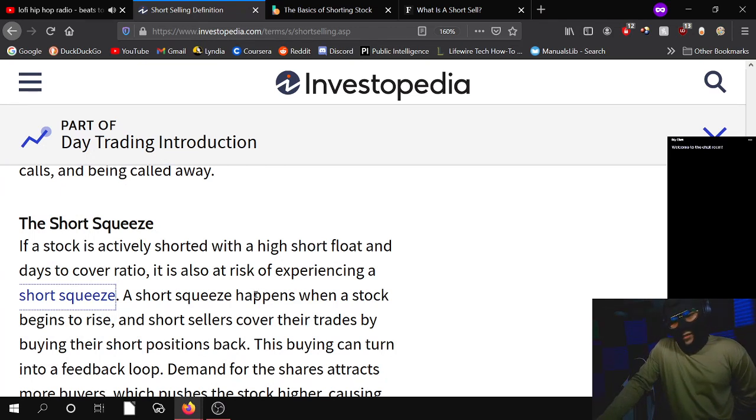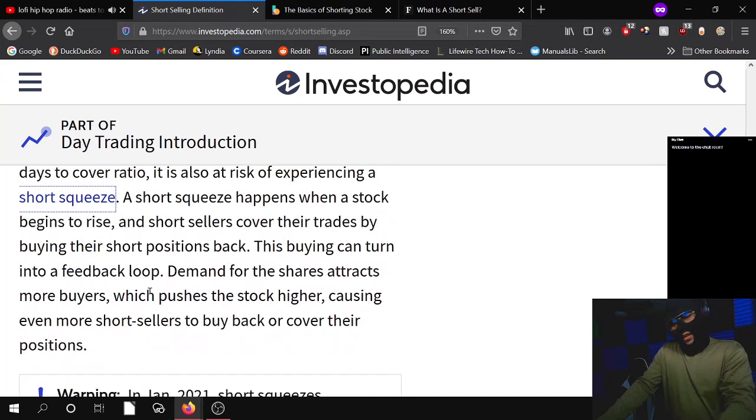So here, if a stock is actively shorted with a high short float and days to cover ratio, it is also at risk of experiencing a short squeeze. A short squeeze happens when a stock begins to rise and short sellers cover their trades by buying their short positions back. This buying can turn into a feedback loop.